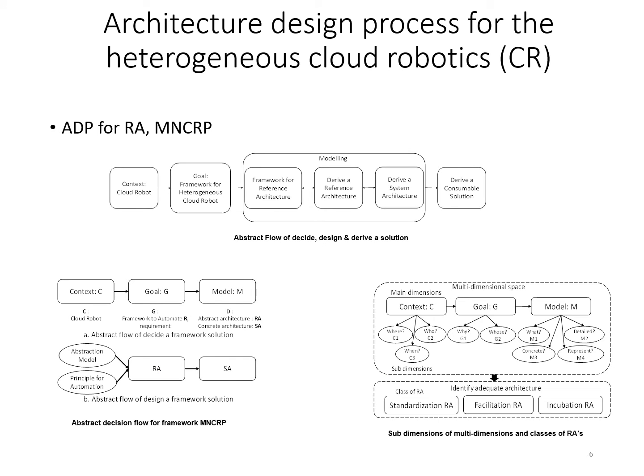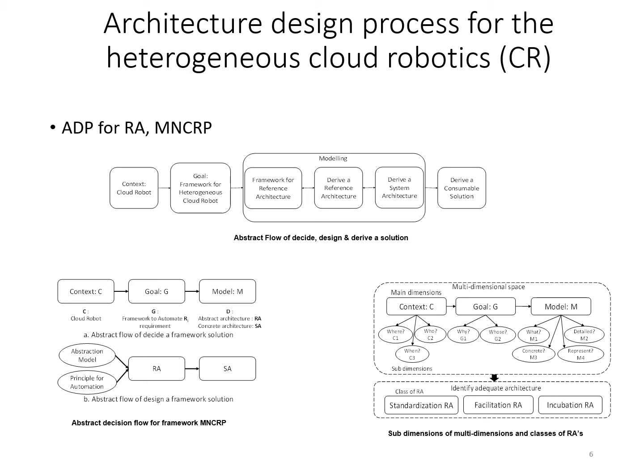Then based on the things we learned from the survey, we define the flow for the architectural design process as shown in this slide. First we define the abstract flow of design and derive the solution. After that we design the abstract decision flow for the framework for the MNCRP.